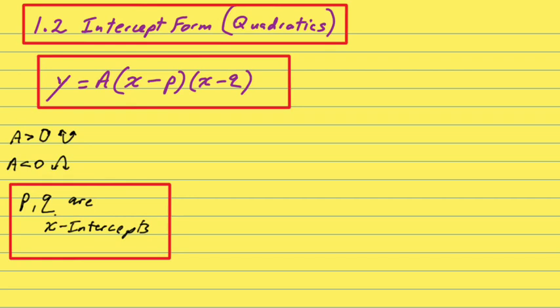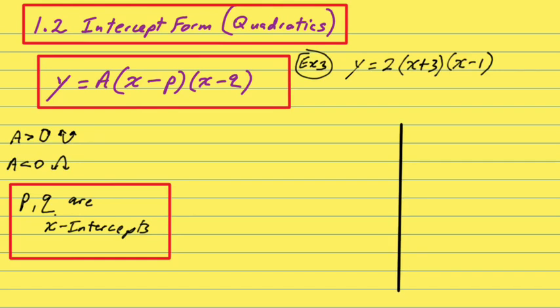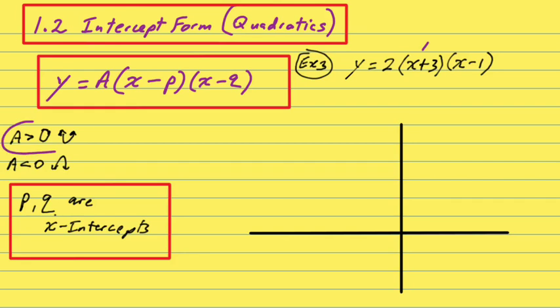Okay, we're going to look at example 3 from the textbook. y equals 2 times the quantity x plus 3 times the quantity x minus 1. Okay, what this means is, because a is positive, we know it's going to open upward. What value makes this 0? Negative 3.